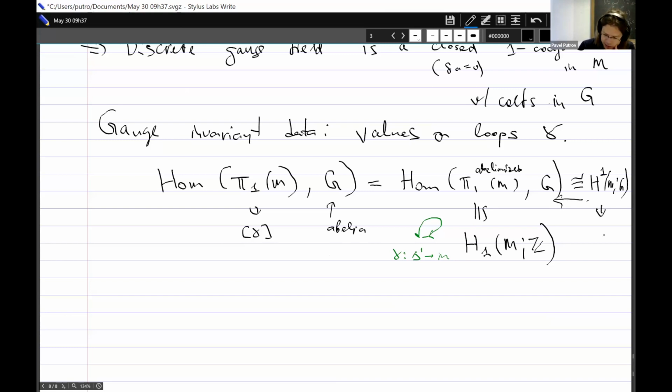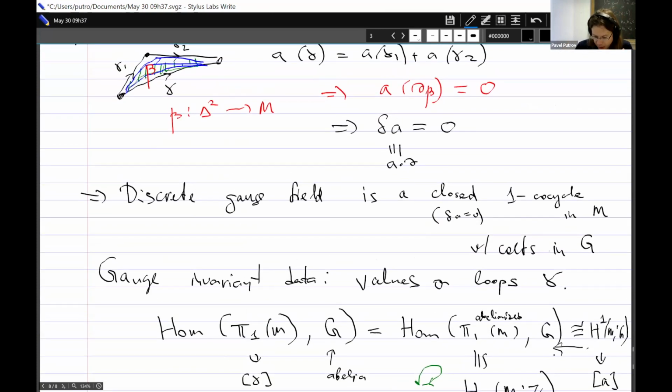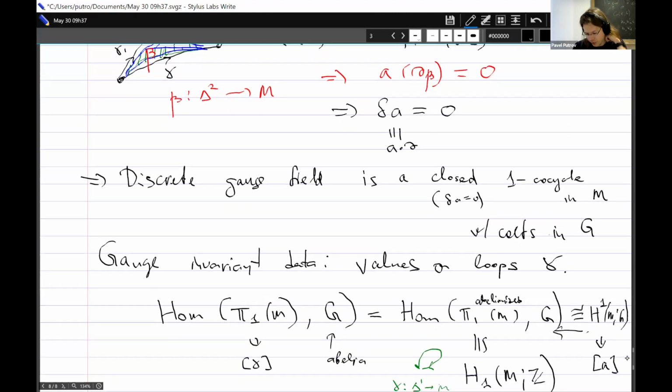And we can understand this class in the first homology group as a class of this one-cocycle A, which we considered before.